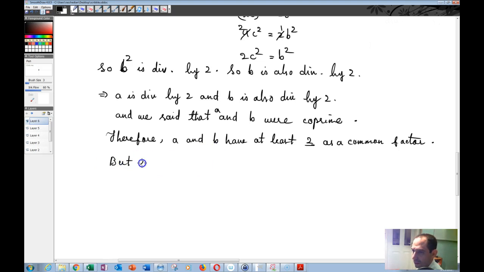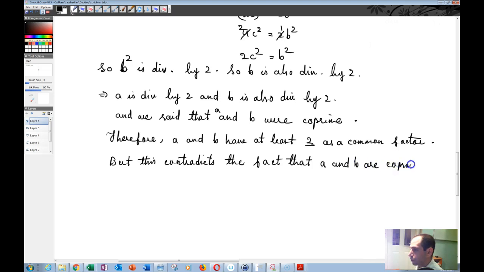But this basically contradicts the fact that a and b have no common factors other than 1, that a and b are coprime, meaning that they have no other factors other than 1.